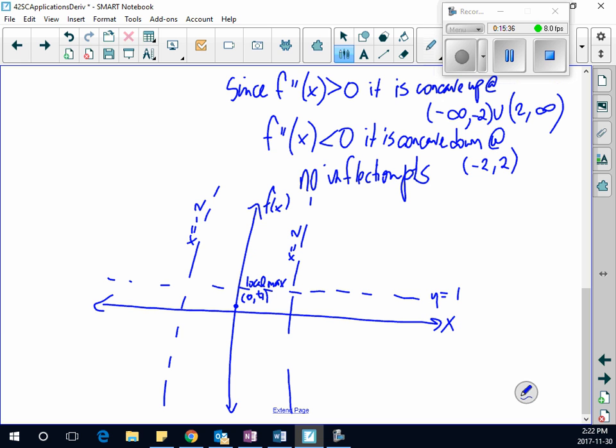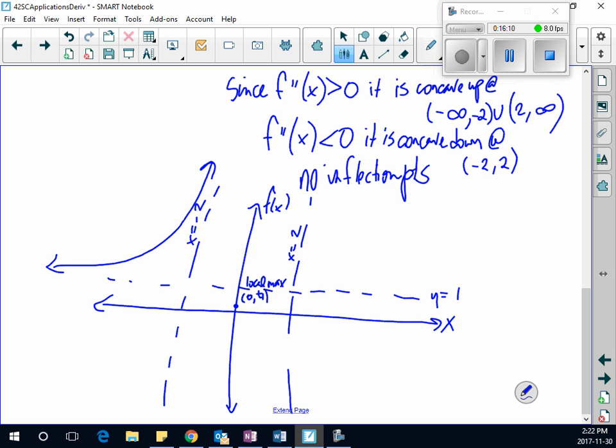And then it was increasing. It was increasing here, but I don't know where. The thing is it can't be increasing here because it would cross that. So let's think about this for a second. The other thing is it has to be concave up. So the only way you can have concave up and increasing would be like this, right? Because it says on the left of -2 it was concave up.